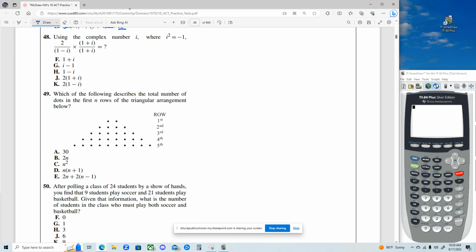And I've got 2, I can multiply that times the top. Multiply the top times the top times 1 plus i over 1 minus i times 1 plus i.